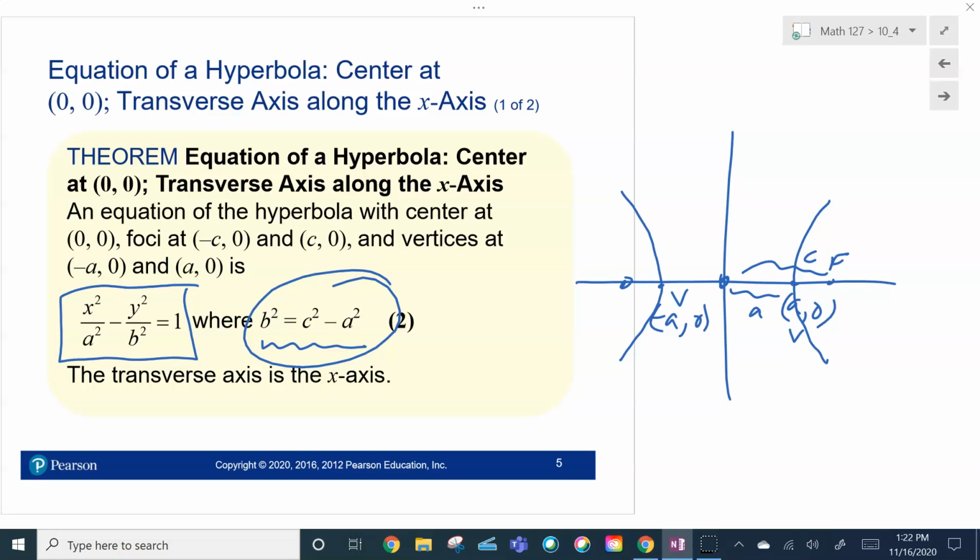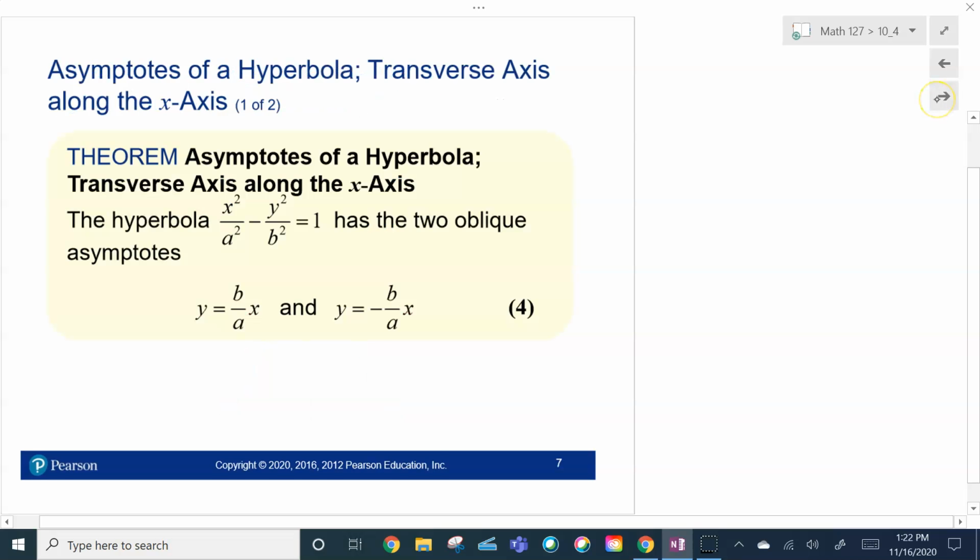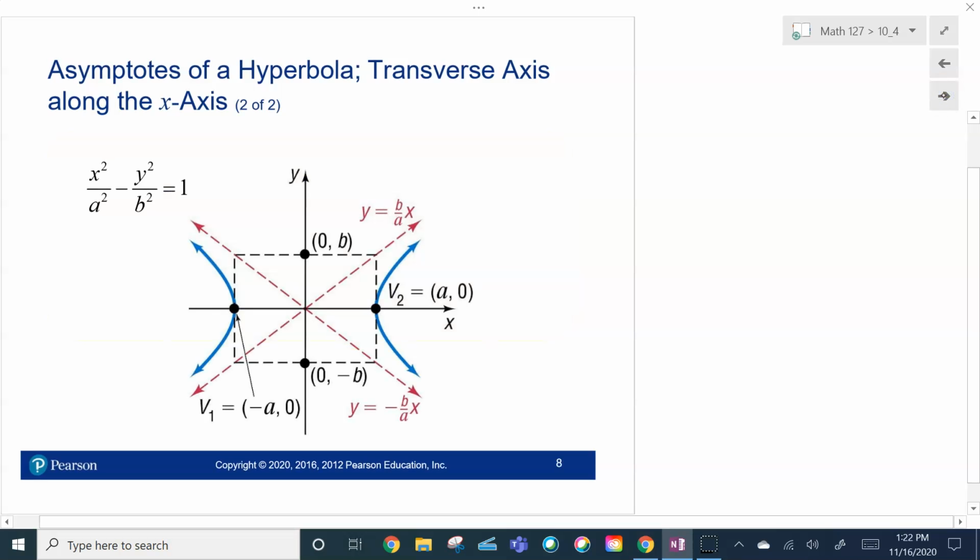Now, in addition to this, you should be aware that the asymptotes help you to draw how wide this opening is. So here, let me give you a little picture of the asymptotes. The asymptotes go up b and over a in this case. You notice the dotted rectangle here.